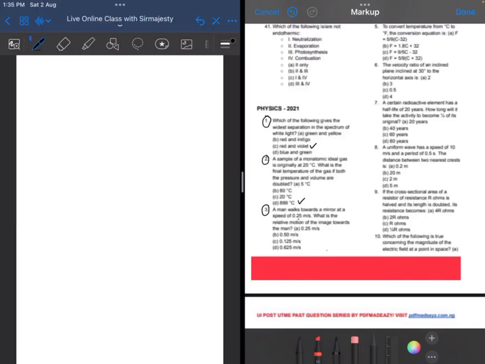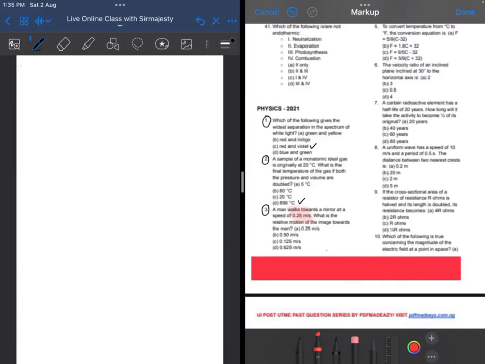Okay, so now let's just think. If a man moves at 0.25 meters per second towards a mirror, his image approaches him at the same speed as the object. You understand?